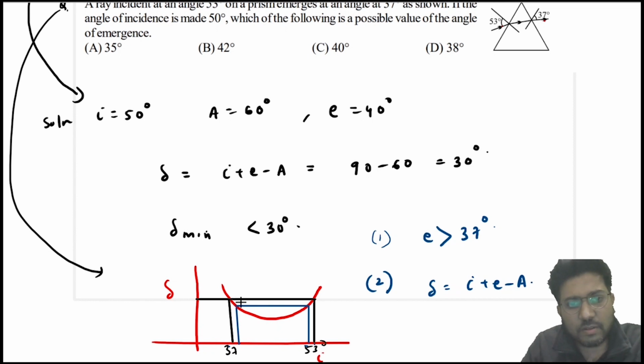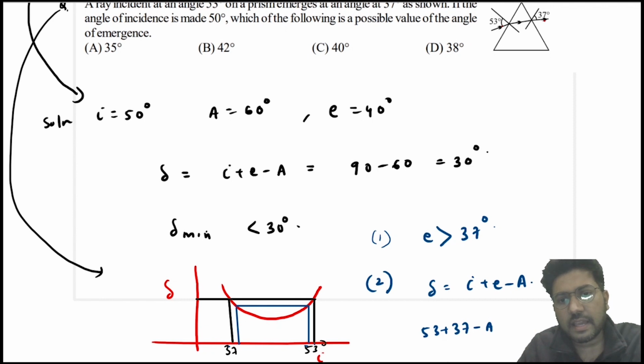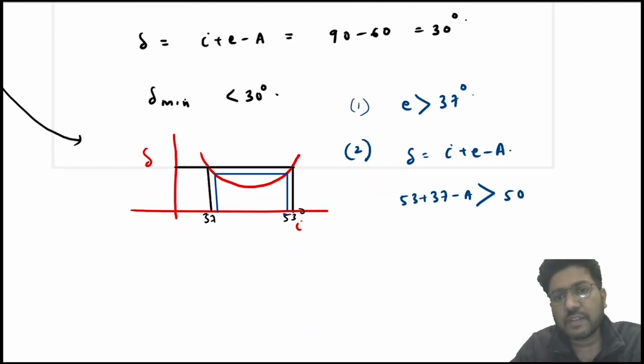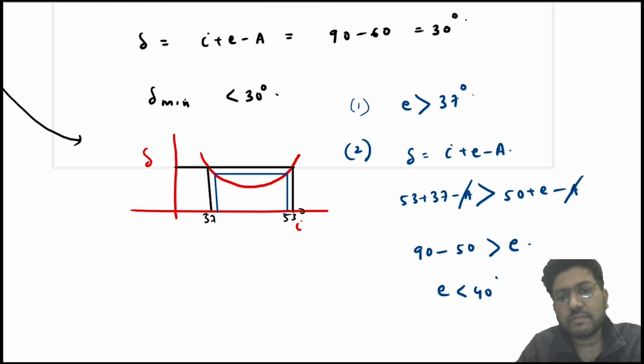And from here you can also see that the angle of deviation has decreased, right? So that means initial angle of deviation is 53 plus 37 minus A, and this has to be greater than 50 plus e minus A. So from this you will get one relation, that is 90 minus 50 has to be greater than e. That means e has to be less than 40.